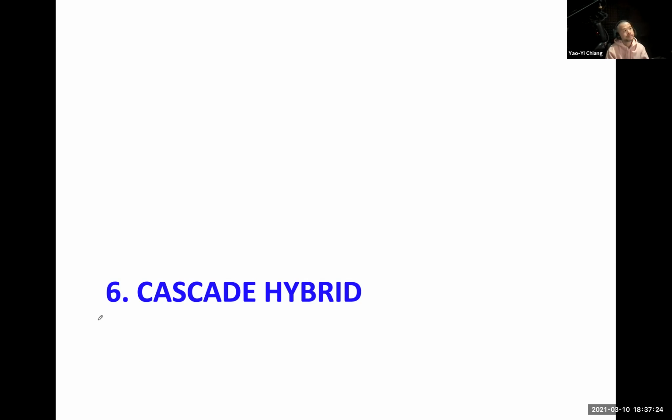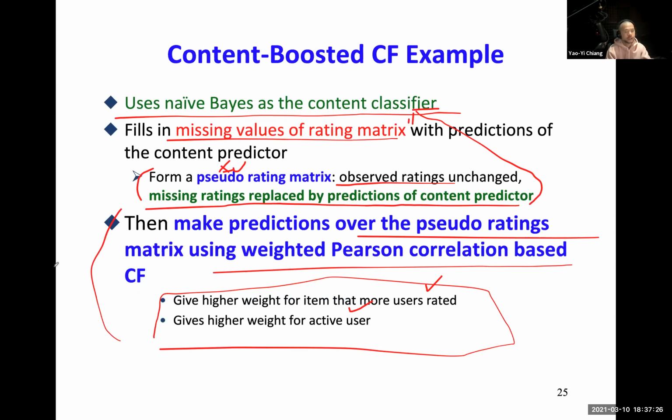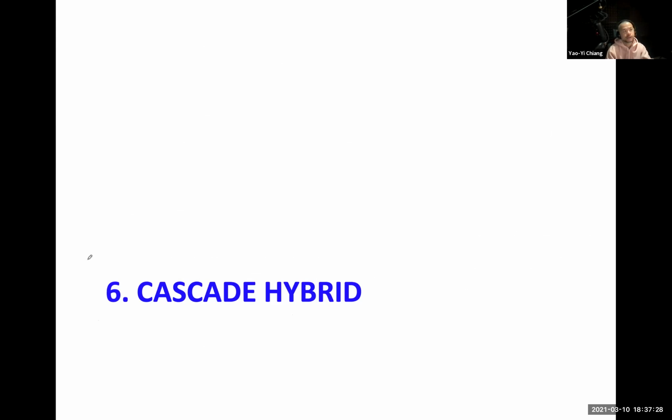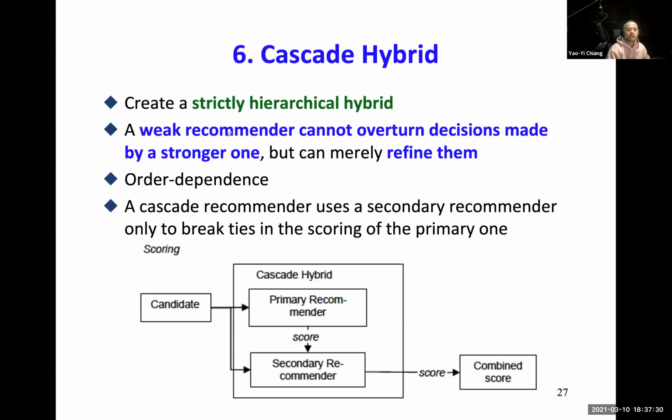All right. The next one is the cascade hybrid. This one is simple. It is a hierarchical hybrid. You have a weak recommendation system. This weak recommendation system cannot overturn decisions made by the strong recommendation system, but it can refine them.